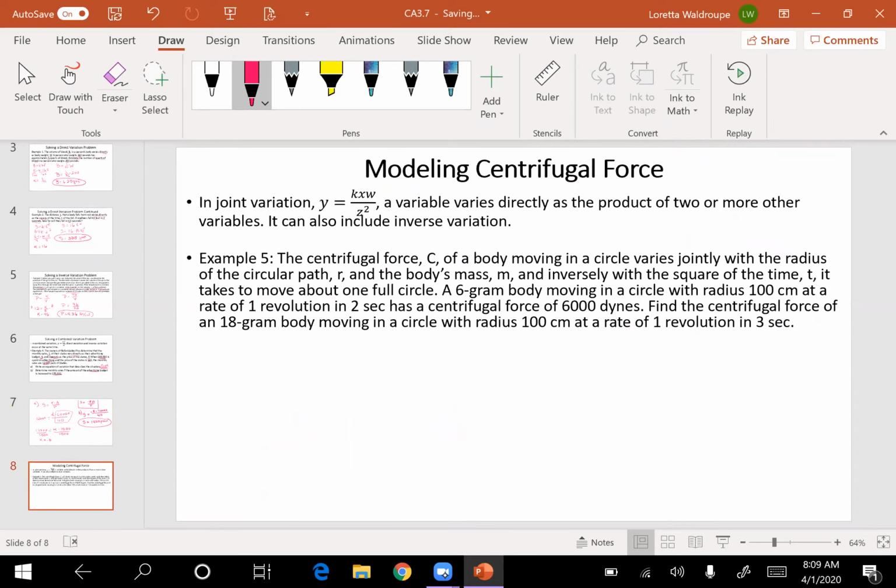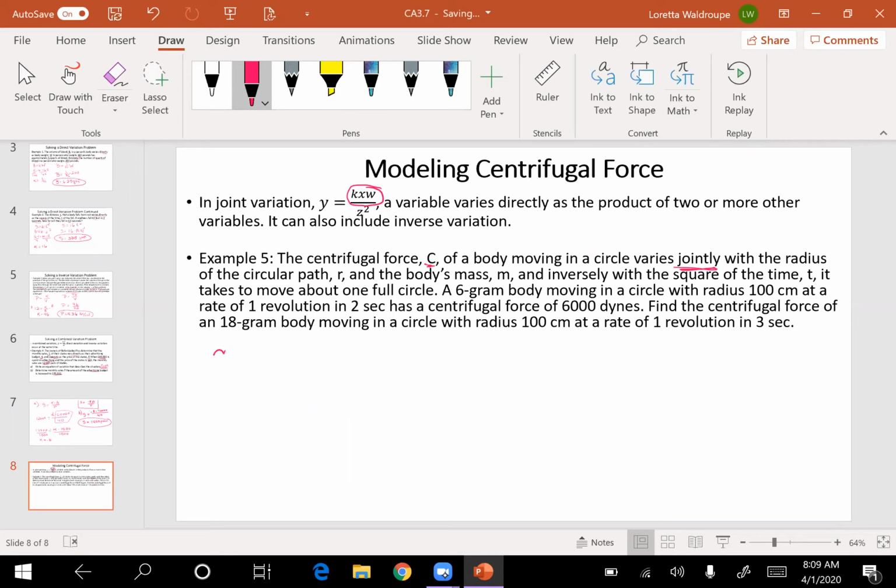One more problem. In joint variation, you have more than one variable in top. Okay? So here we go. The centrifugal force C of a body moving in a circle varies jointly.